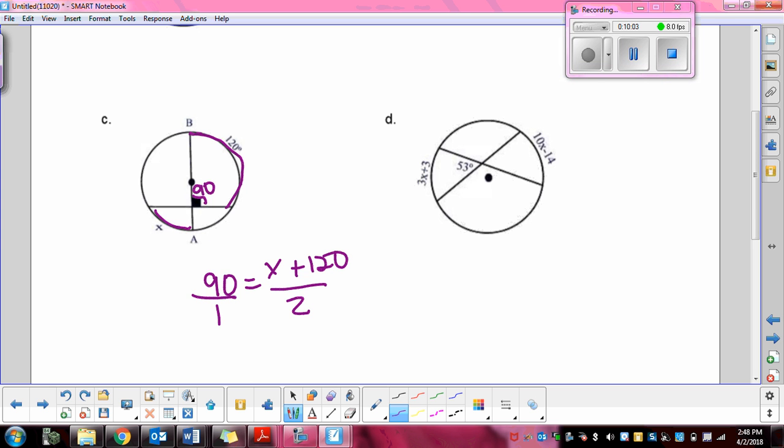Again, you can just put a 1 under this and cross multiply 90. So 90 times 2 is 180 equals x plus 120. And then when we subtract 120 to move it to the other side, we're going to get x equals 60.